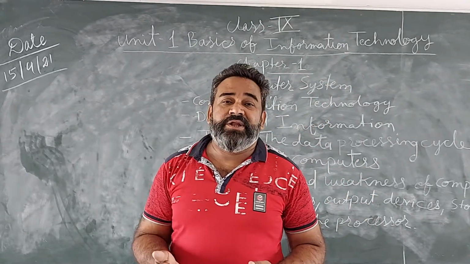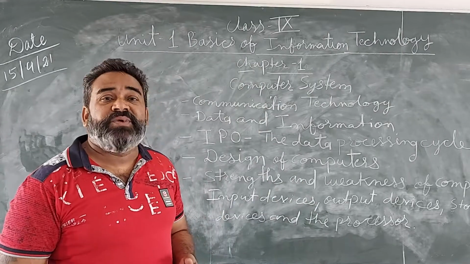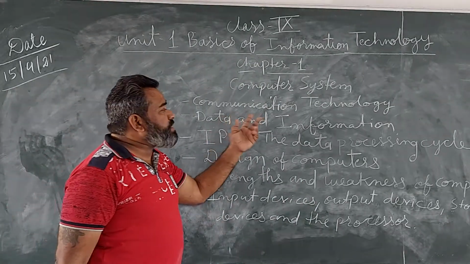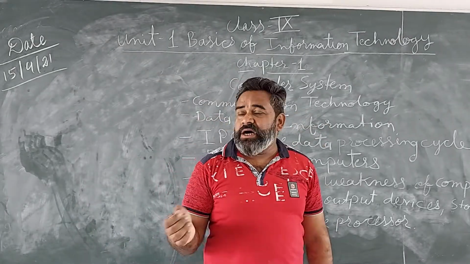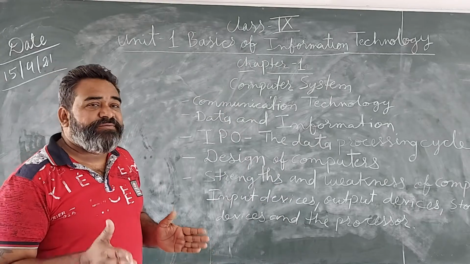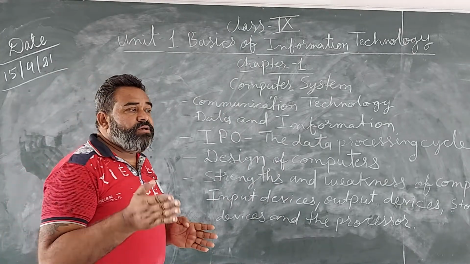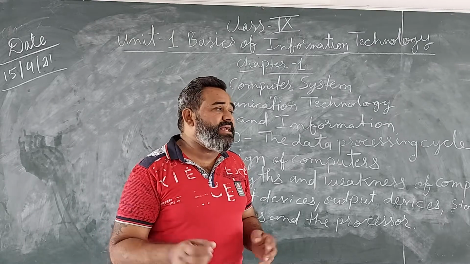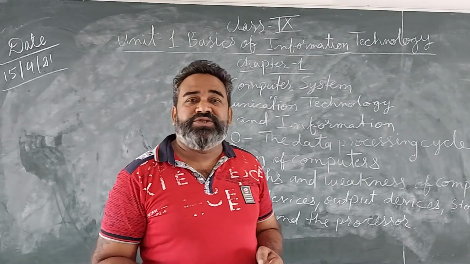According to this numeric system, we can communicate with the computer. Then there is communication technology in many ways. The computer interacts in a different manner. We can ask in our way and it gives the answer in its way.